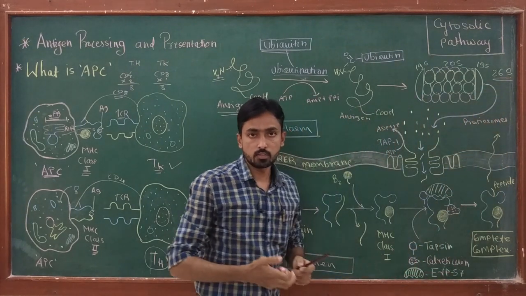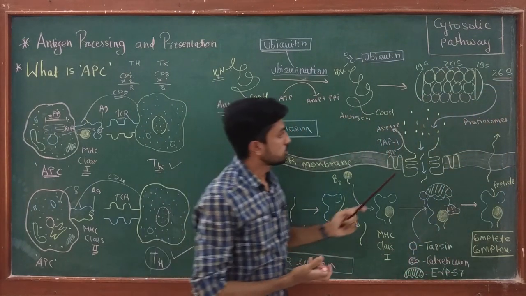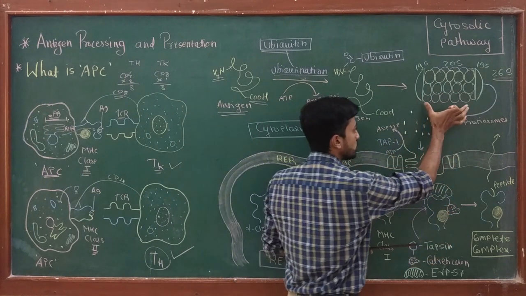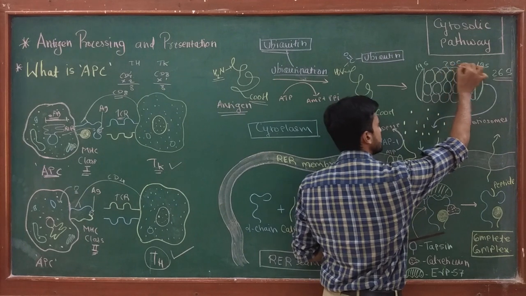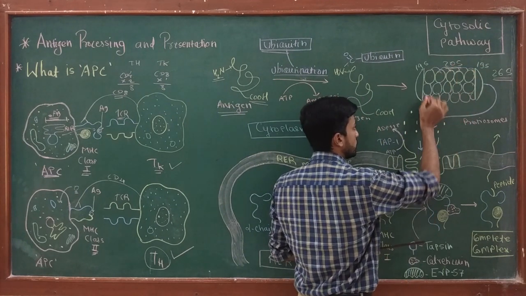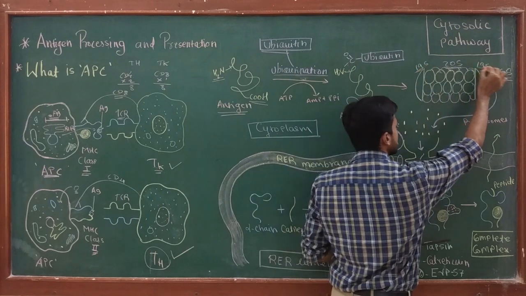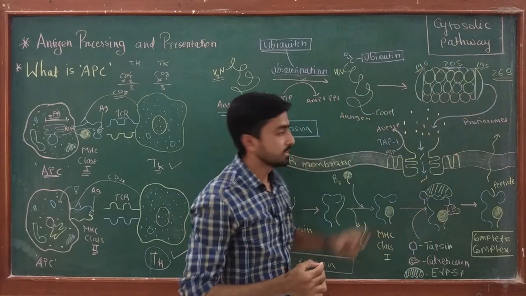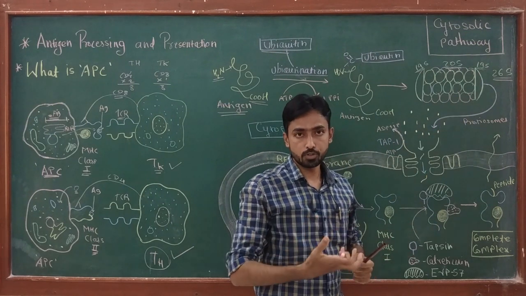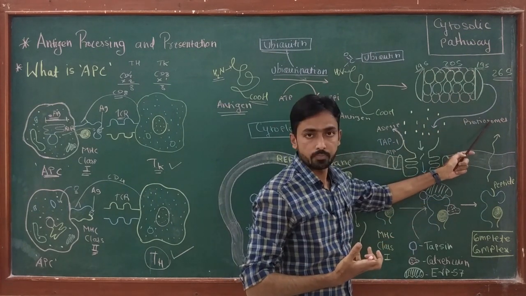Okay, S is Svedberg unit. Now this proteasome is divided into two parts. The middle portion of the proteasome is called the 20S part, while the side portion is called the 19S part. This 19S portion is the regulatory portion of the proteasome.